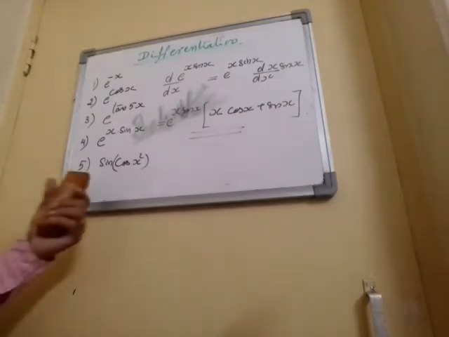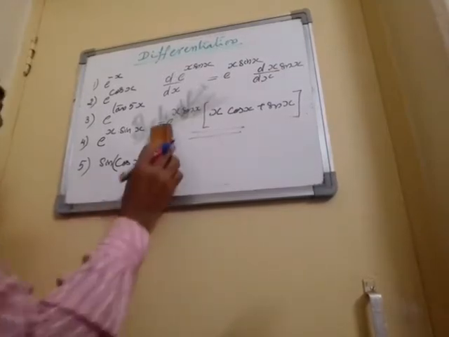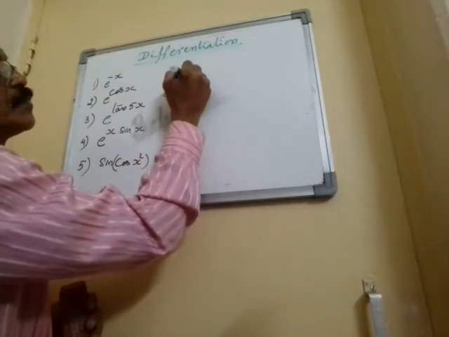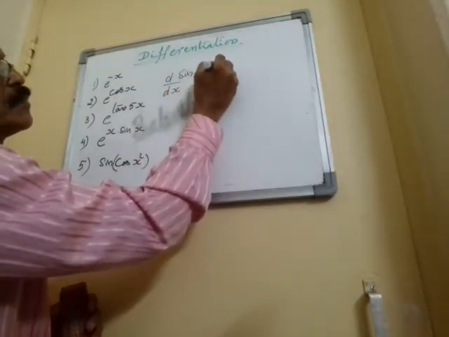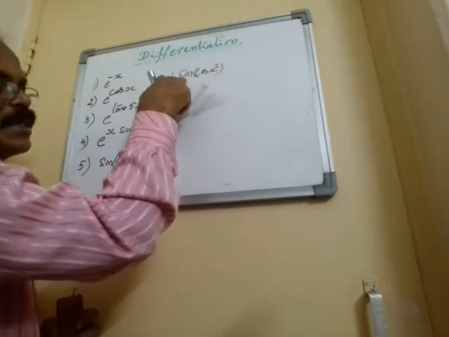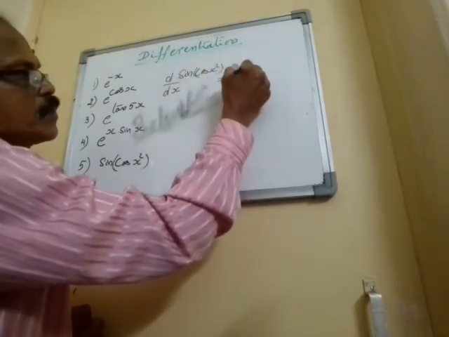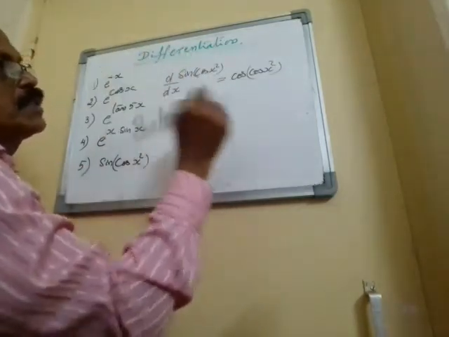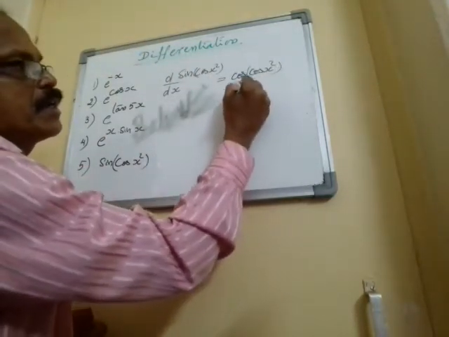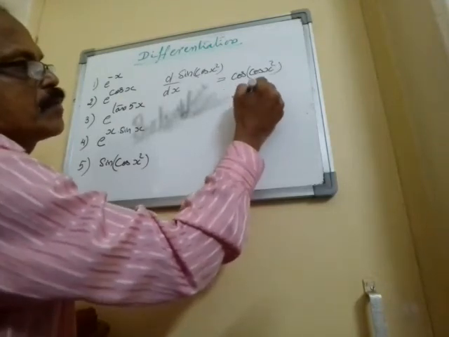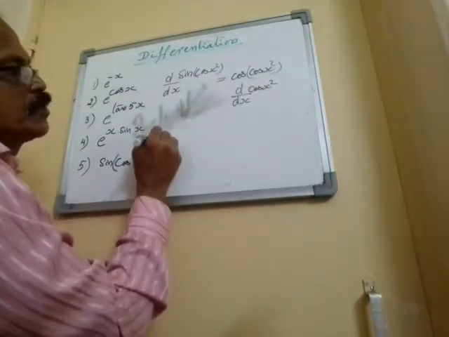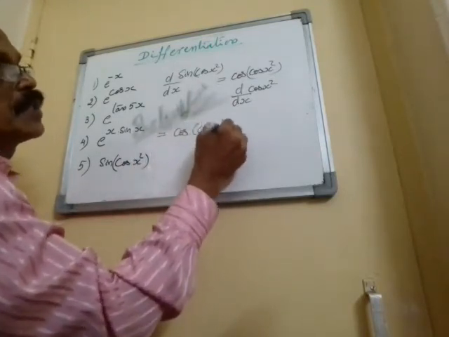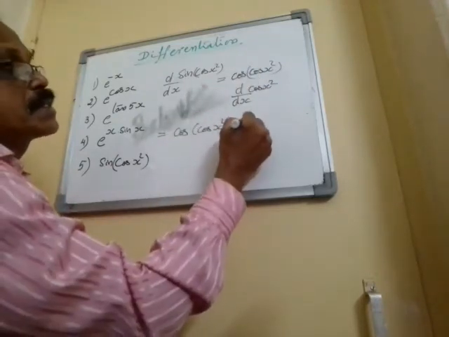Now see the last question, that is sin cos x square. So here first we differentiate sine. The derivative of sine is cos. So cos x square. In place of x we have cos x square, that we are not changing anything, but we have to differentiate that part again, d by dx of cos x square. So the next step is cos x square into derivative of cos x square, which is minus sin x square.